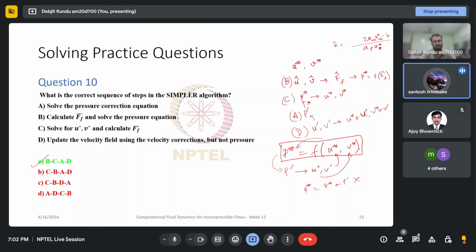By virtue of guessing the velocity field, what is the advantage vis-a-vis the SIMPLE method? The advantage is that in this equation we do not ignore this term.